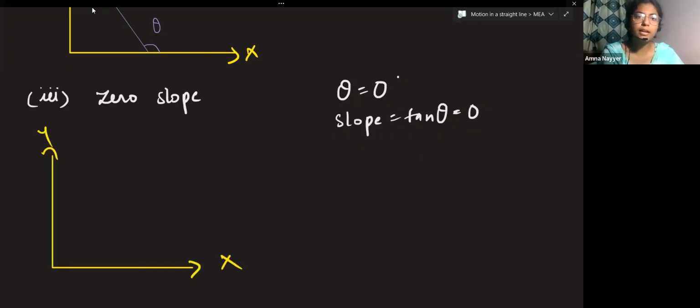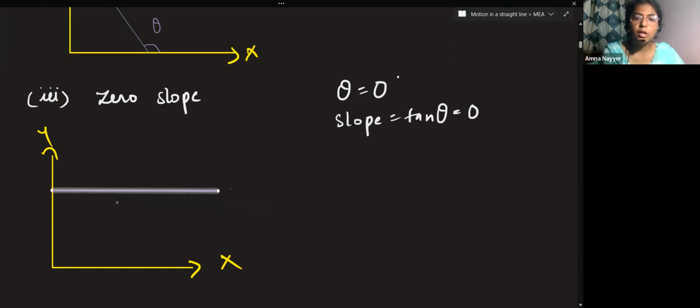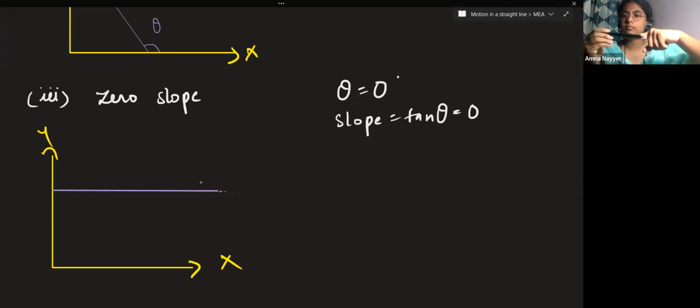This is the XY graph that you get. Zero slope means theta is 0 degrees. Now make an angle of this line with the x-axis. This is only the x-axis. What is the angle between both of them? 0 degrees. Both are in line with each other, like this. So the angle is 0 degrees. We call it zero slope.